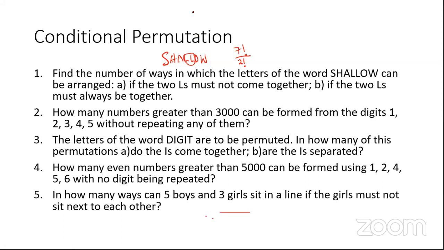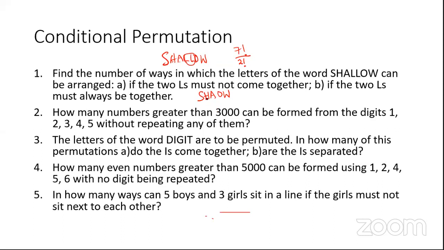I will show us different ways in which you can do it, so you just pick the one that you find very convenient. One way of doing it is to remove those conditions. In this case, L is the major issue. So if you remove L, what do you have? I have shall.